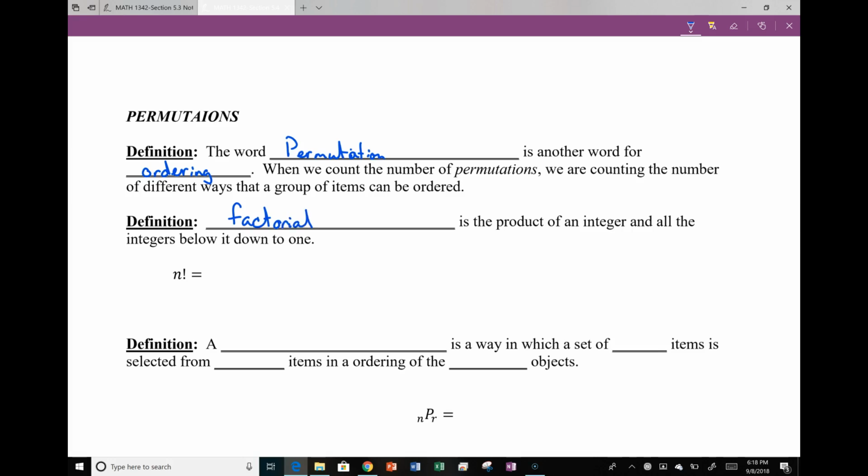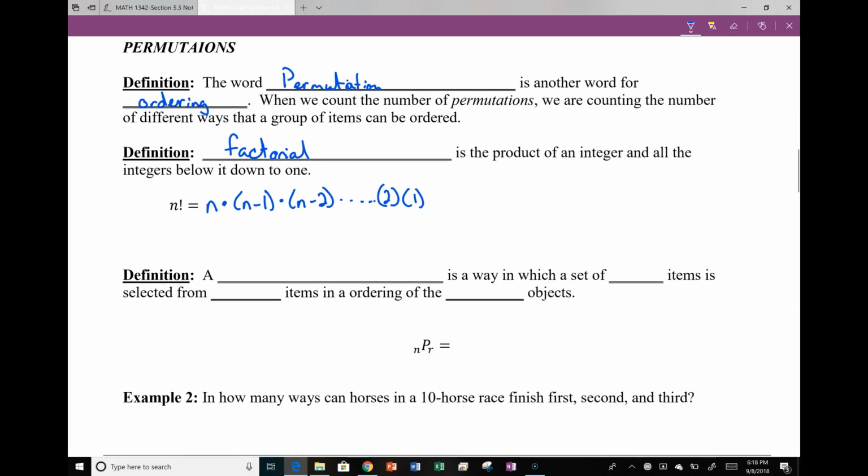A factorial is the product of an integer and all the integers below it down to 1. So we take that integer, we multiply it by the integer just below it, then the integer below that, and we keep on going until we get 2 times 1. Let's look at an example of this.